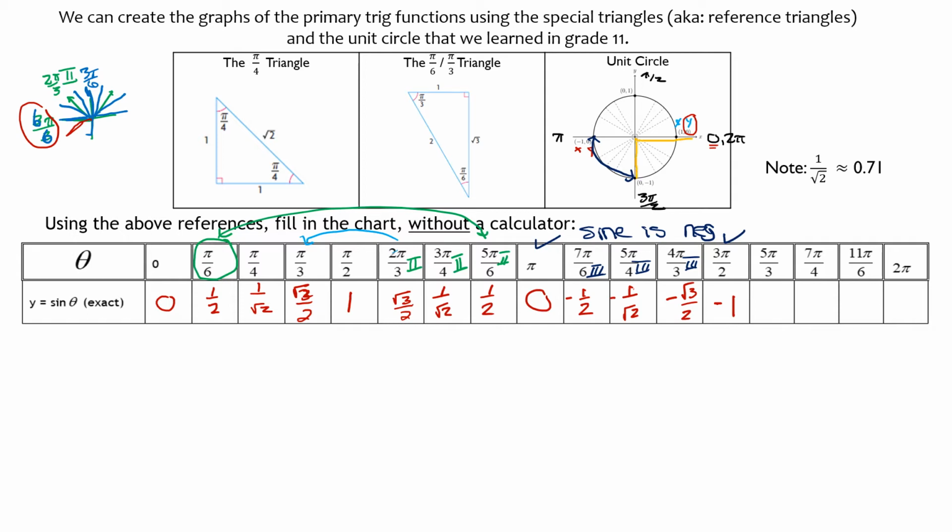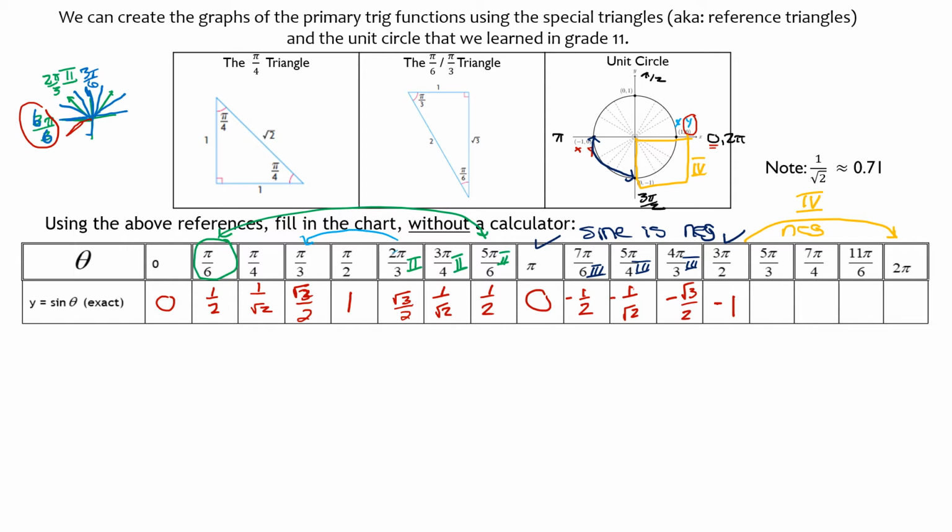Anything from 3 pi over 2 to 2 pi is quadrant 4. So in quadrant 4, sine is also negative. So all of our answers are going to be negative here.